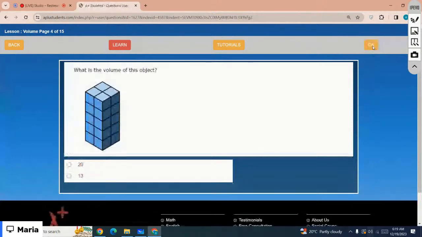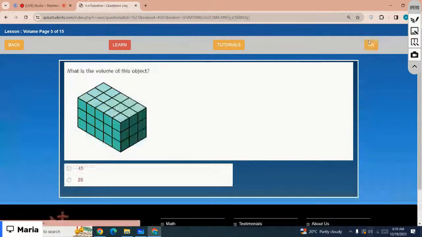Okay, the next one is, what is the volume of the object? Which is the correct option? Yes, the correct option is 20. That is 2 times 2 times 5. 2 times 2 is 4 and 4 times 5 is 20. So the correct option is 20.